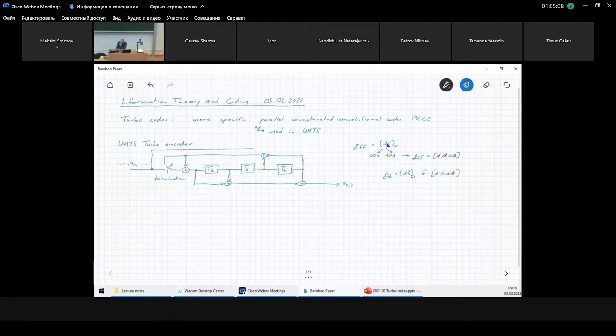Our first output is just the same as the input. Actually, wait, I made a mistake. We would use the systematic output after our termination switch, because otherwise if we switch to termination, we would not get any output bits. We need to go here, systematic.